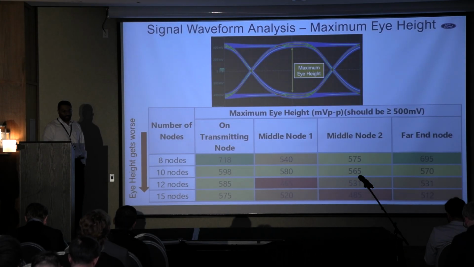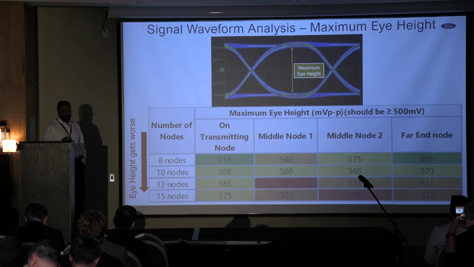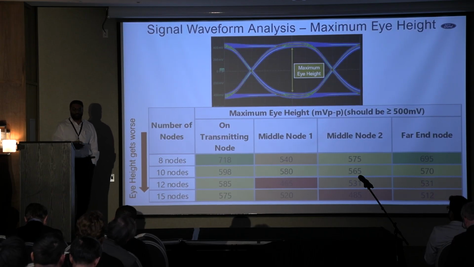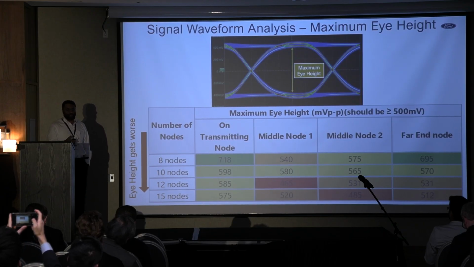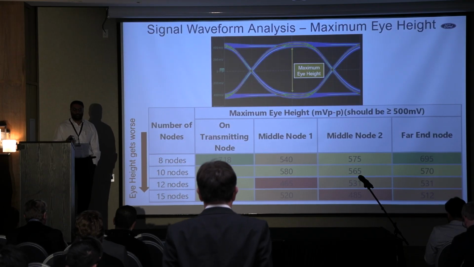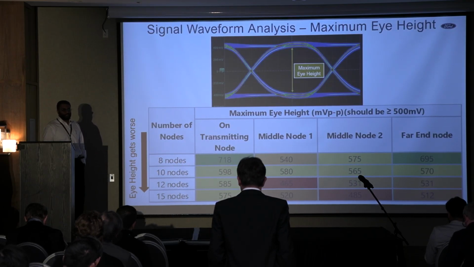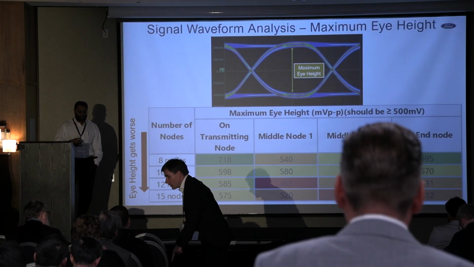And in the signal integrity analysis that we did on our system, for the maximum eye height, as you increase the number of nodes without any limitations on the system node capacitance or the node-to-node distance, the eye height decreases.